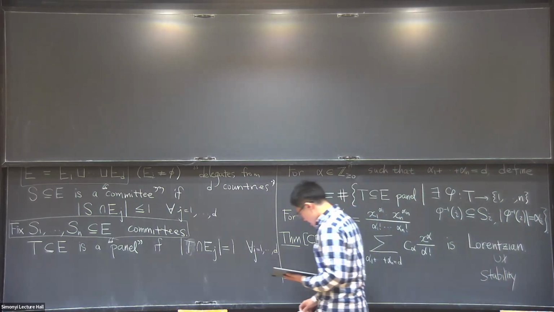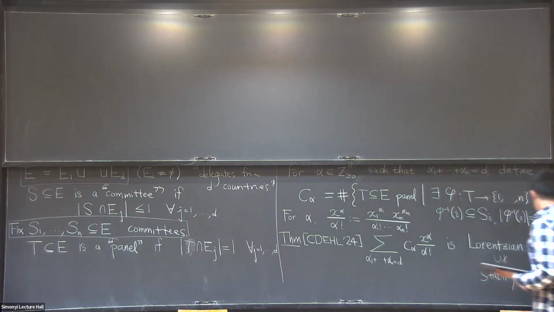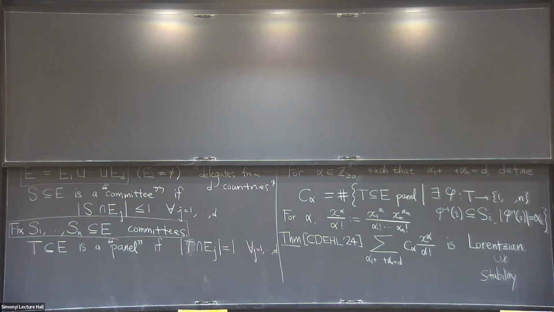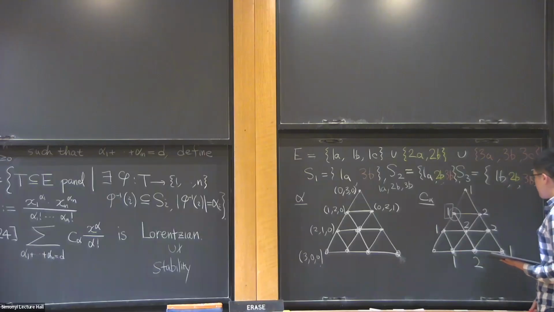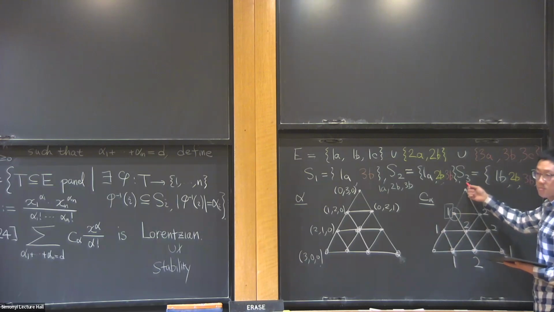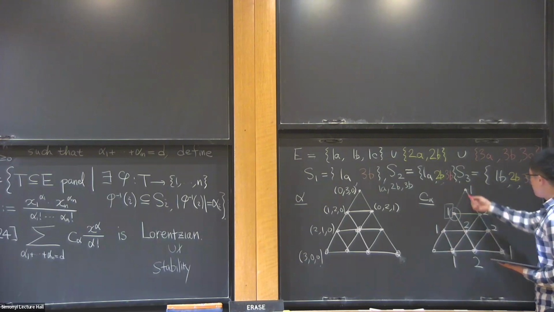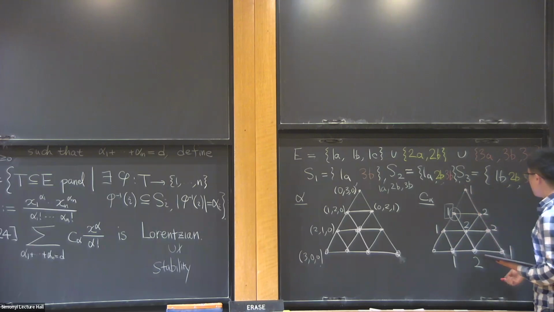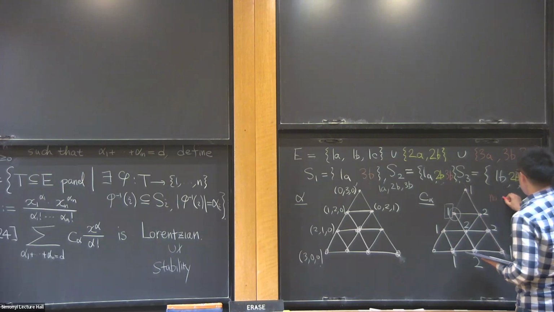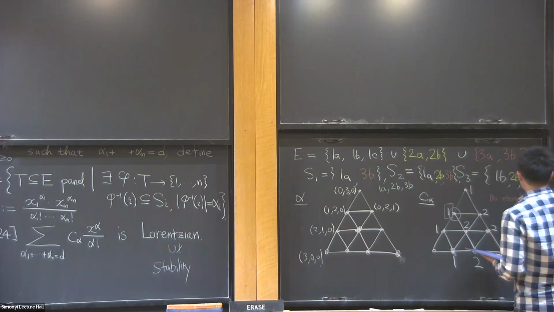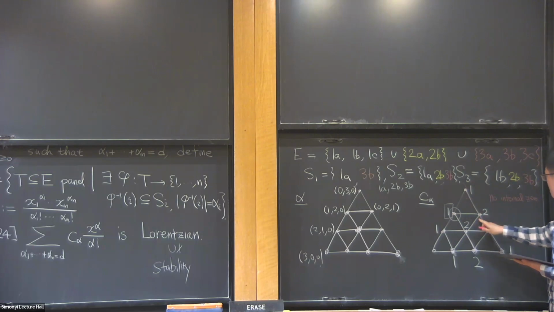It's Lorentzian. Now, we don't know what that exactly means yet, but let me point out some features that you can deduce from the fact that it's Lorentzian. So in this diagram, read in any of these blind directions. So let's read in this way and look at the numbers. I read 1, 2, 2, 1. So first thing you notice is that it has no internal zeros. So it won't read something like 1, 1, and then 0, and then 1.